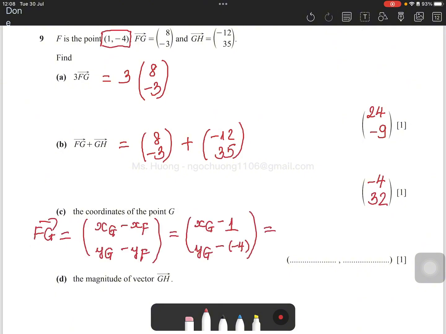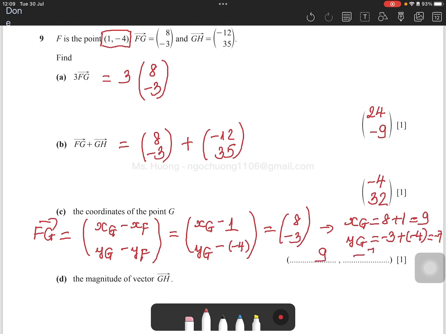And according to the question, the vector FG is (8, -3). So xg minus 1 is 8. Then xg is equal to 8 plus 1 equals 9. And yg is -3 plus -4 equals -7. So the answer is (9, -7).